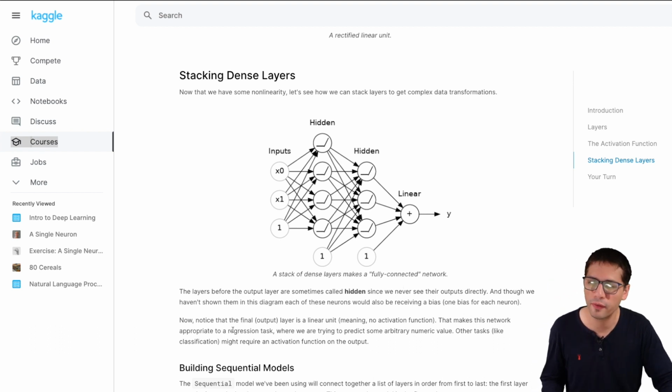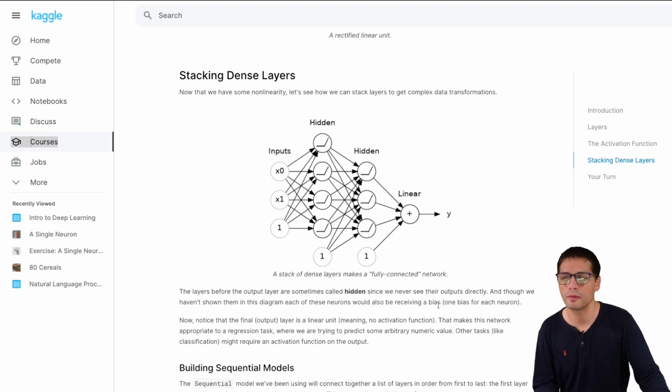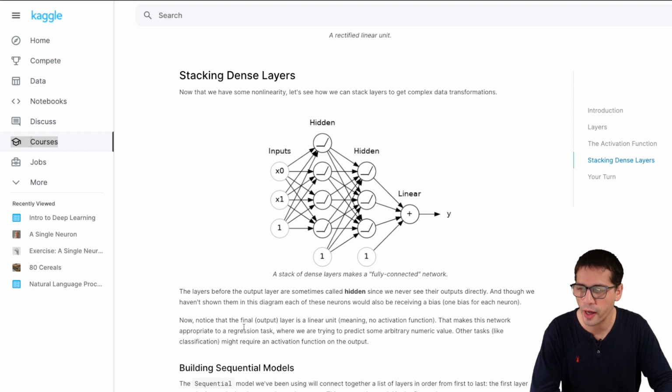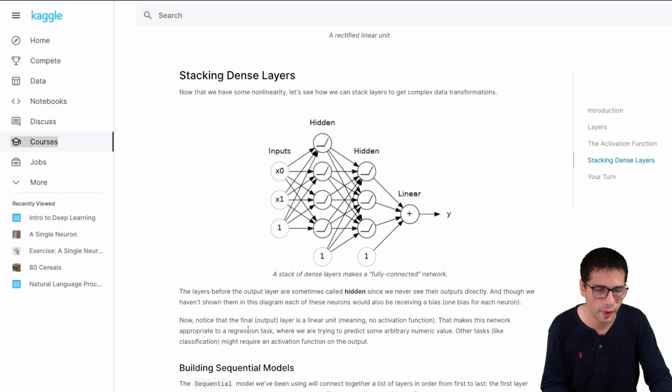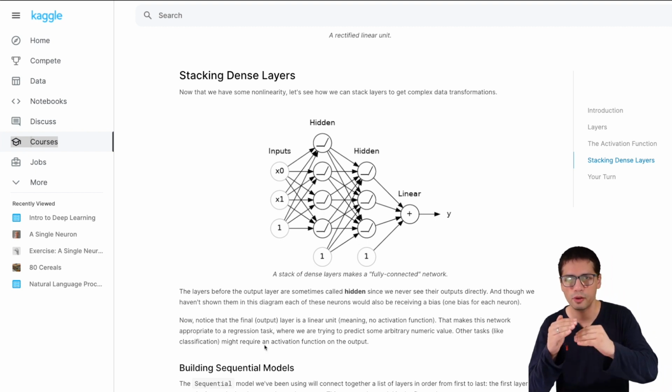Now, notice that the final output layer is a linear unit, meaning no activation function. Oh, I see. So at the end, there's no activation function. That makes this network appropriate to a regression task where we are trying to predict some arbitrary numeric value. Other tasks like classification, in this case image classification, or some kind of classification where you have discrete values.